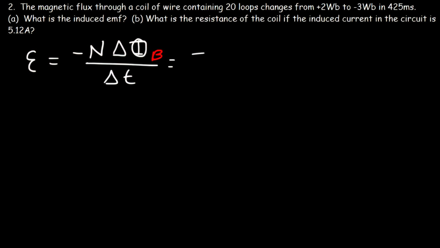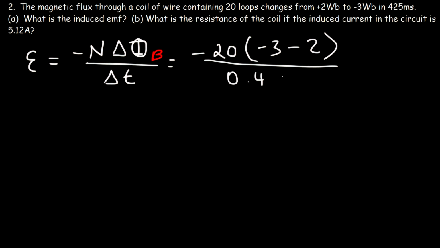So in this problem, we have 20 loops of wire. The flux changes from 2 to minus 3. The final flux is negative 3. The initial flux is positive 2. So it's negative 3 minus positive 2. Now we need to convert milliseconds to seconds, and we could divide it by 1,000. 425 milliseconds is 0.425 seconds.